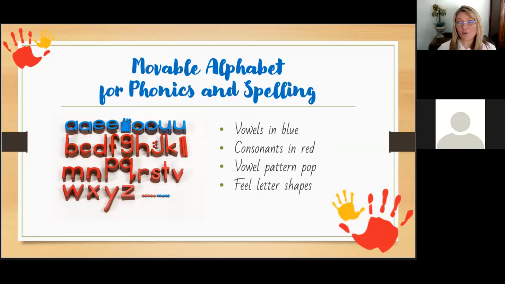Another option for the movable alphabet is to print that and then use it as a template to trace out the letters on felt. And then you can create a fabric movable alphabet for your child instead of just having that on paper if you go with that digital option.